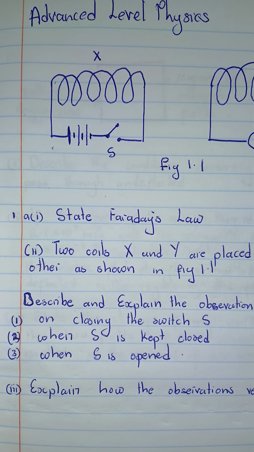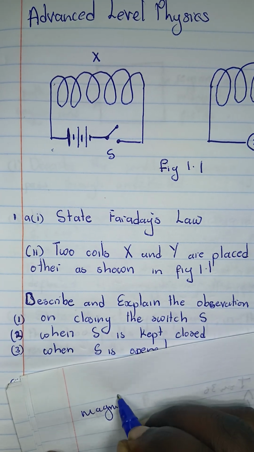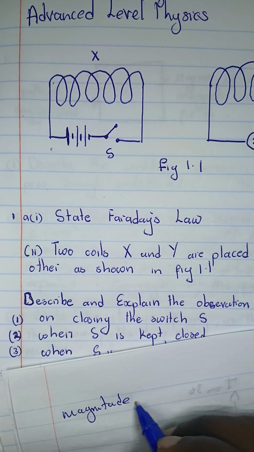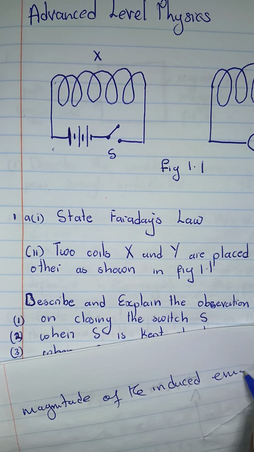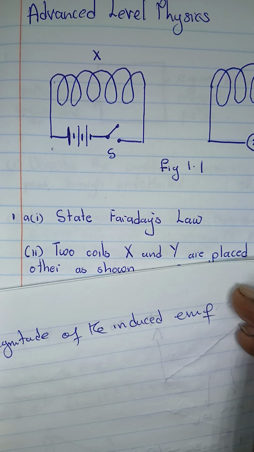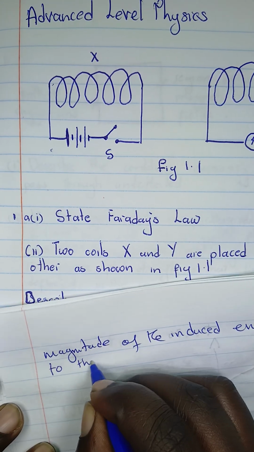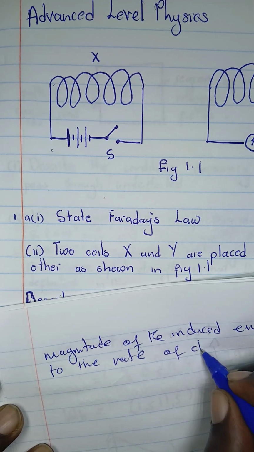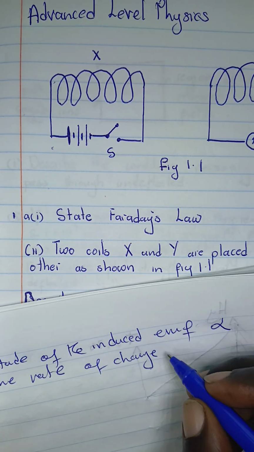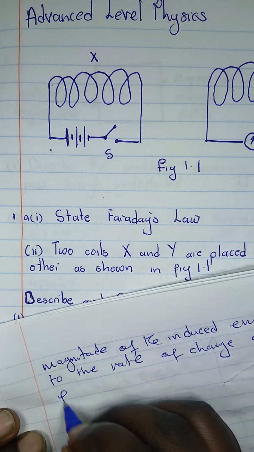Let's do the following question. State Faraday's law. So Faraday's law states that the magnitude of the induced EMF is directly proportional to the rate of change of magnetic flux.